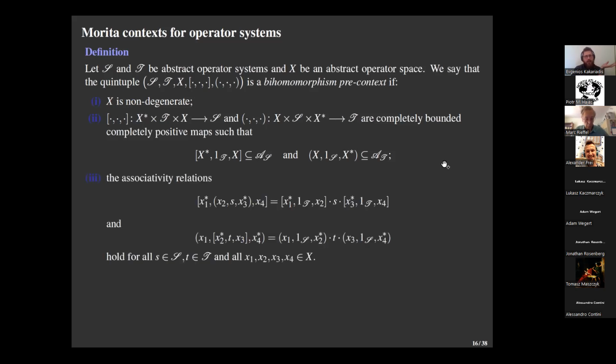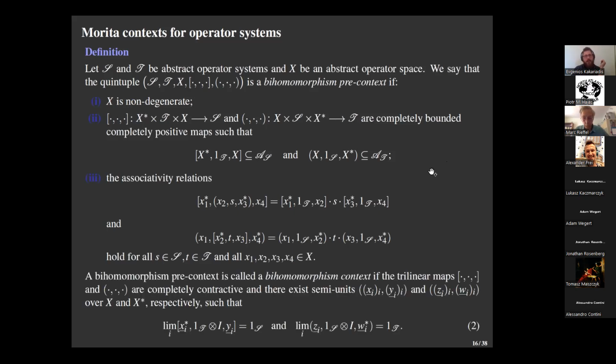Again, you have the usual associativity relations, and in order to account for unitality for the TRO, here for the context, you assume existence of semi-units.